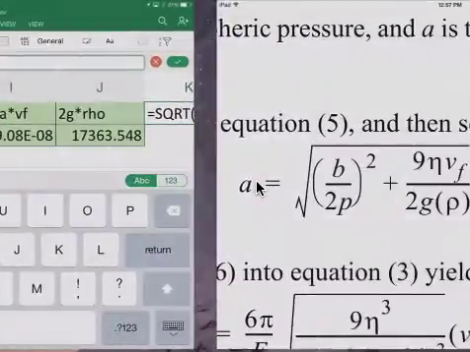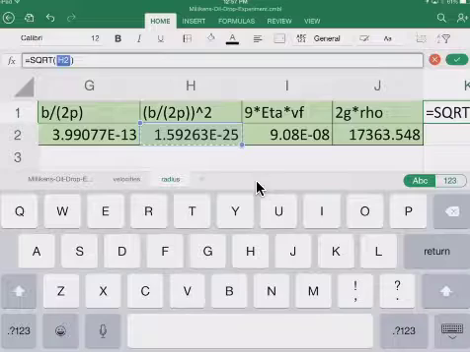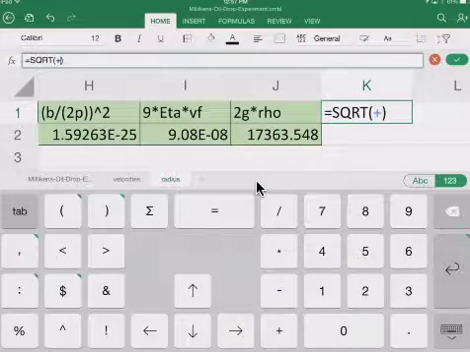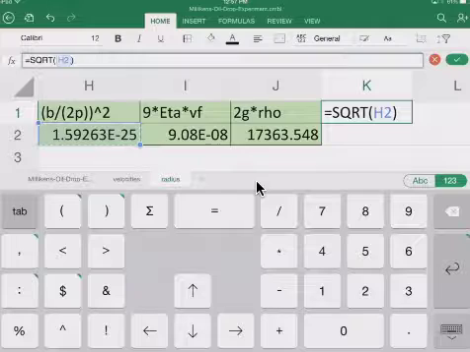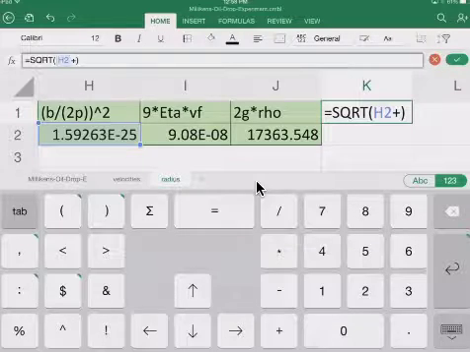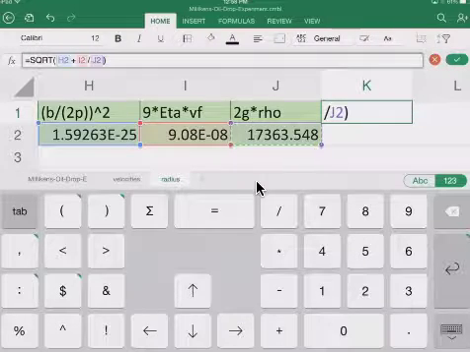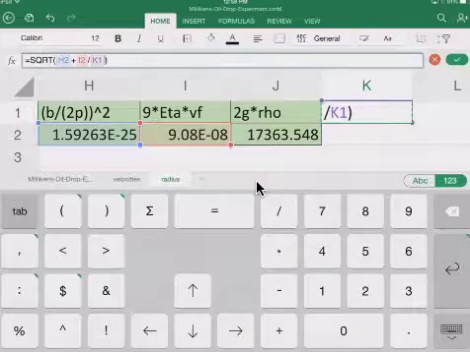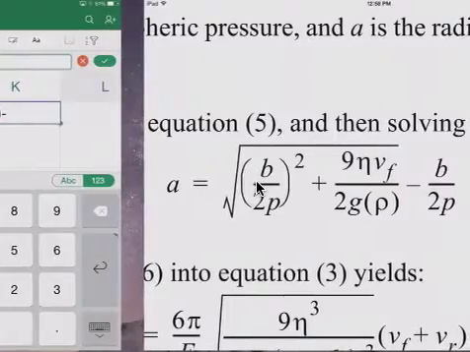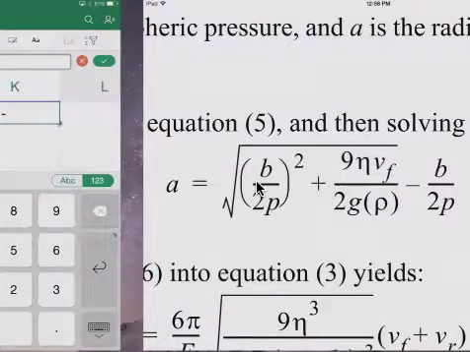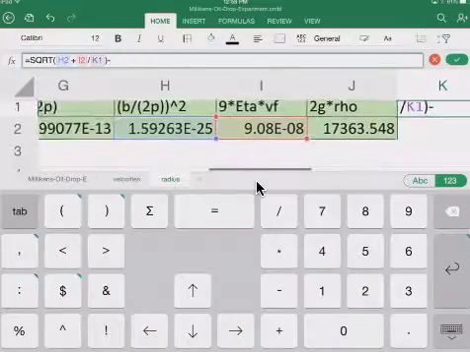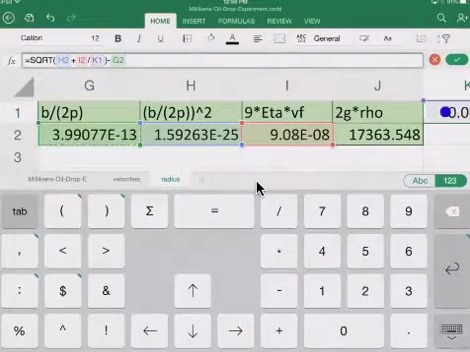And then that is going to be plus our 9 eta VF divided by 2g rho, okay? And so that square root is done. And now we're going to have minus, and I'll just slide over so you can see that. So that's all in the square root. Now we're going to say minus b over 2p. And this should give us our radius.